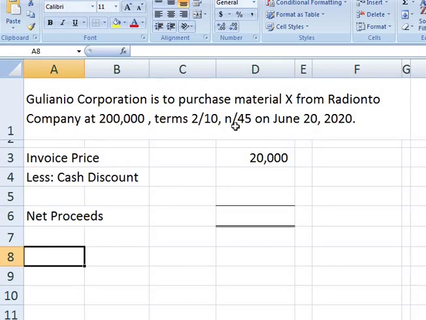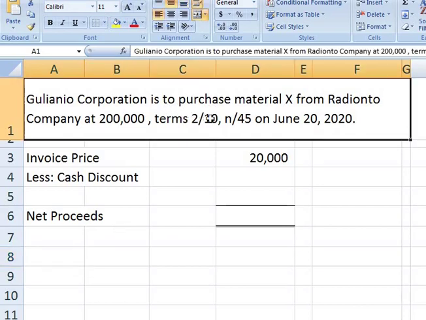And n/45 means that the last day na of payment yung agreed nila is 45 days from the date of invoice.